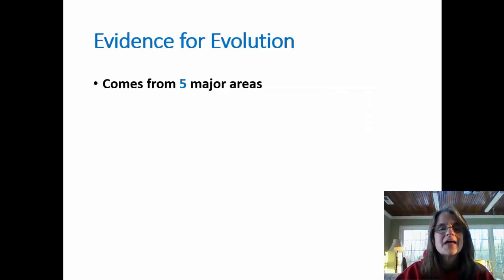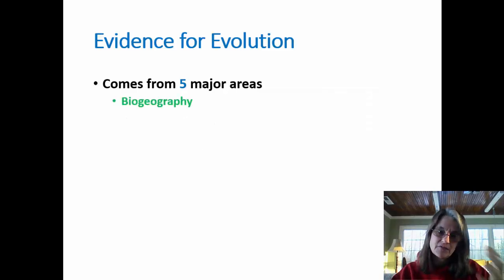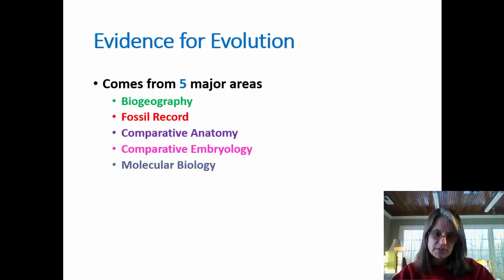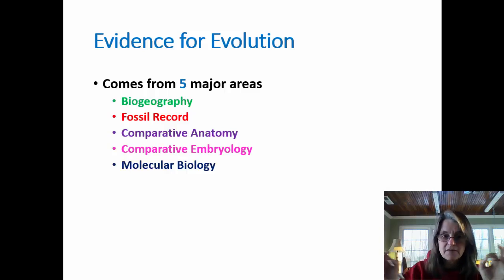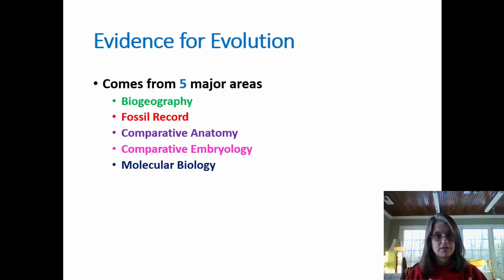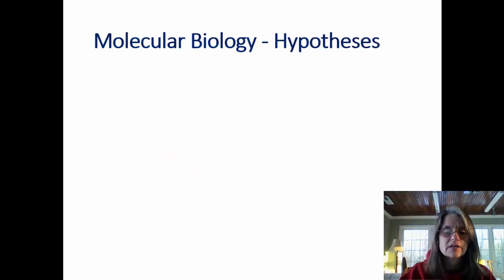Please do remember that none of these various pieces of evidence that we have been talking about, geography, fossil record, comparative anatomy and embryology, or molecular biology, none of them stands alone. They are all woven together to make an enormous body of evidence that supports the idea of evolutionary theory.